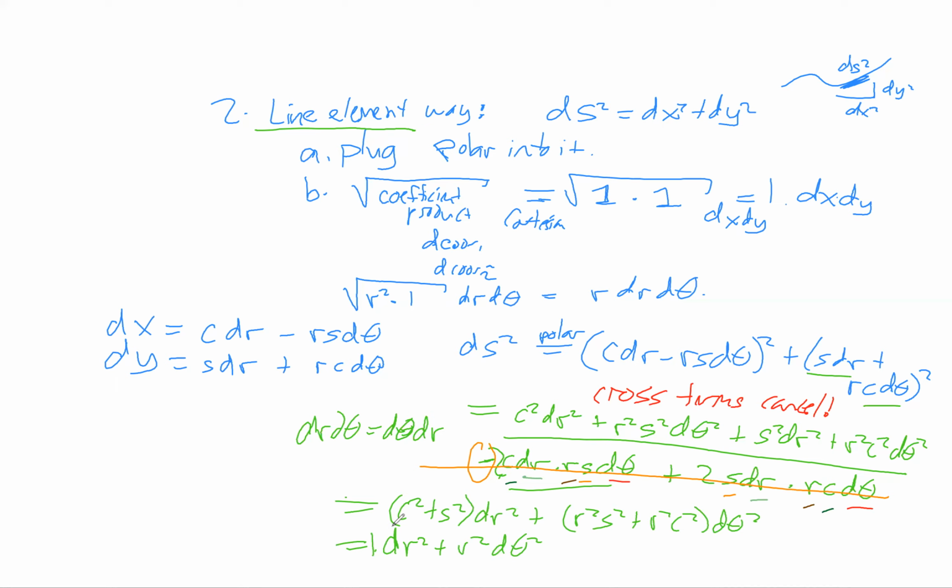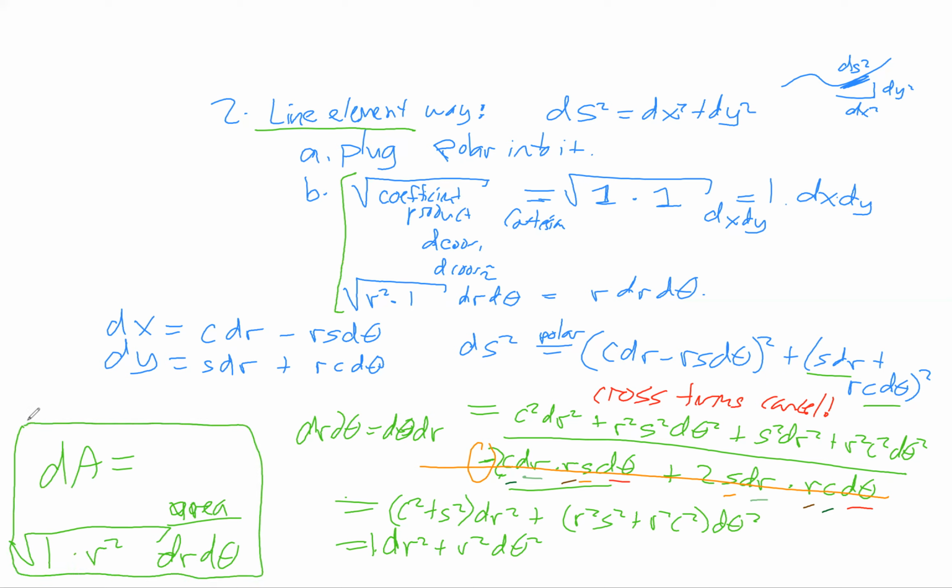So now what goes in front of the dr d theta, the volume, or the area element, is the square root of 1 times r squared, according to this definition right here. So I'm claiming that dA is this thing. And that is totally right, of course, because that's just r.